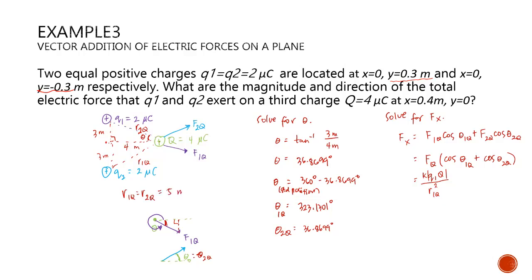They are both 5 meters. Now we can plug in the values into the equation. That would be 9 times 10 raised to the power of 9 newton meter squared per coulomb squared over 5 meters quantity squared, times cosine of 323.1301 degrees plus cosine of 36.8699 degrees.